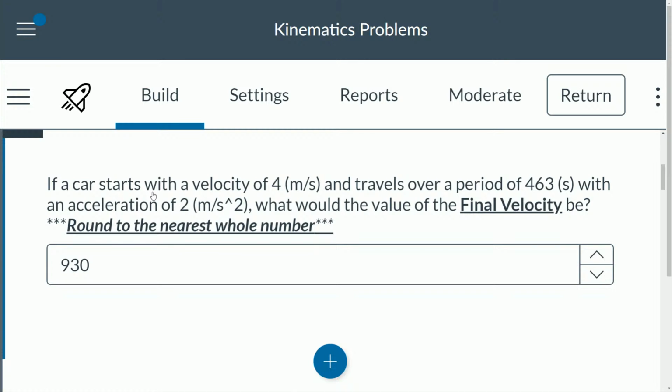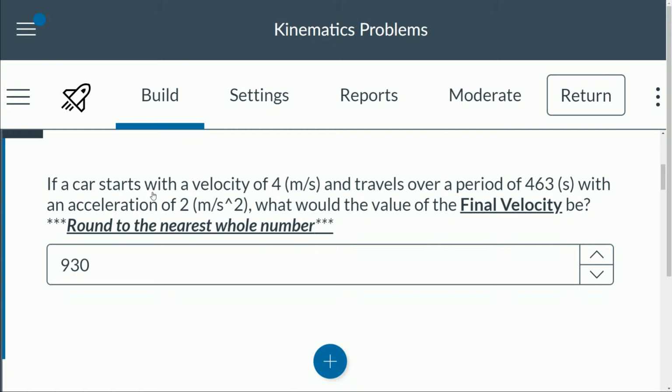Do you agree with that? So any equation that has distance in it, I'm not able to solve to get a number for final velocity. So the very first step that I did when trying to find the proper equation.